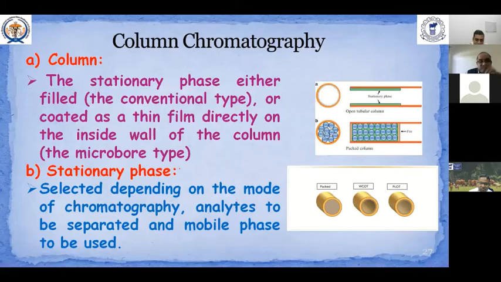Then the stationary phase which is filled in the column is selected on the basis of the mode of chromatography, meaning which kind of mode is used. It may be gel filtration chromatography, then gel is used, such as Sephadex. If it is affinity chromatography or ion exchange chromatography, the stationary phase is selected on the basis of this mode.